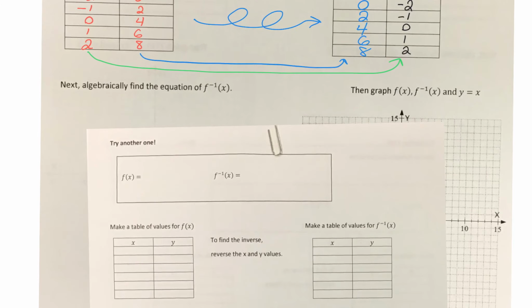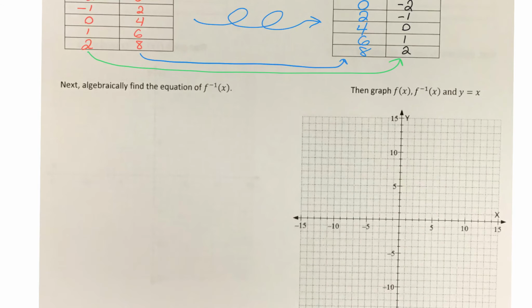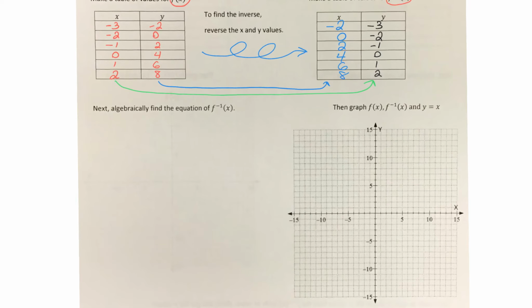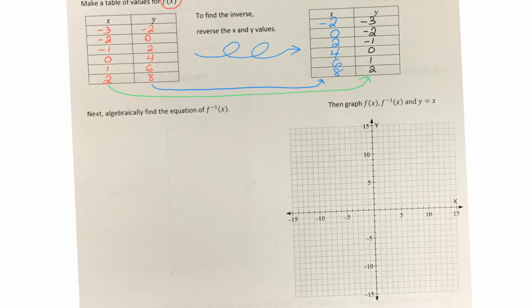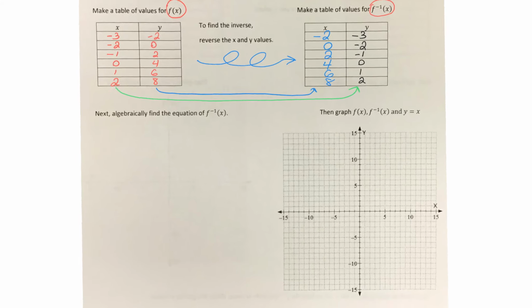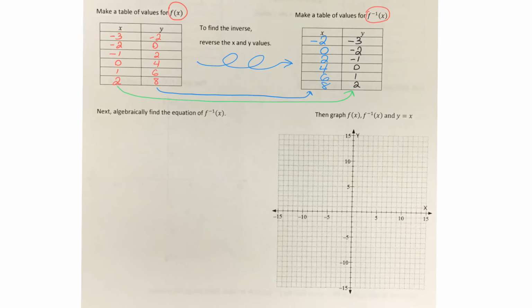Now, come down here and let's graph this. I think you're going to be surprised, but think about it: what do you expect to see? What do you think is going to happen when we completely invert these? So let's graph f of x. I'm going to graph it in red.